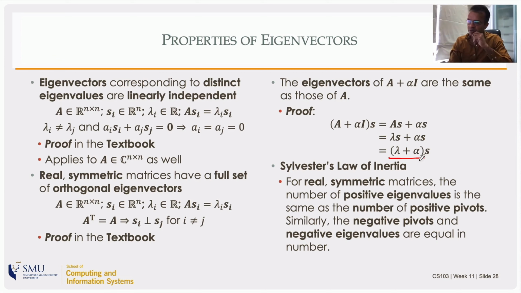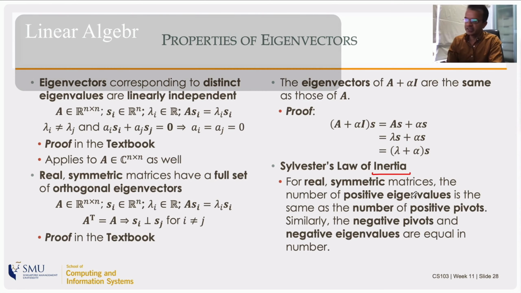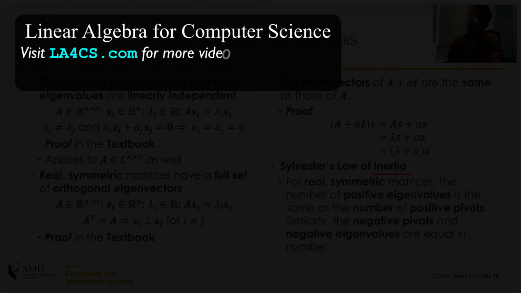And that can be used as the basis of an algorithm to compute the eigenvalues. This is not a very good algorithm. This is not the way it is implemented. There are better algorithms now. So this property, connecting the sign of the pivots to the sign of the eigenvalues, is called Sylvester's law of inertia. This has something to do with mechanical engineering or physics or something.